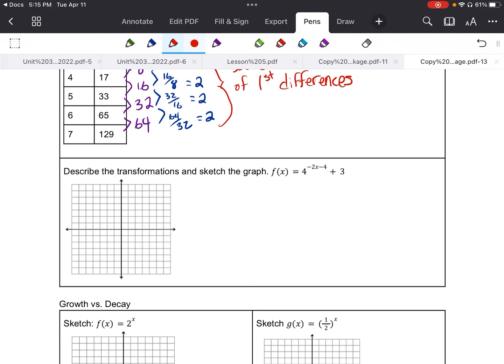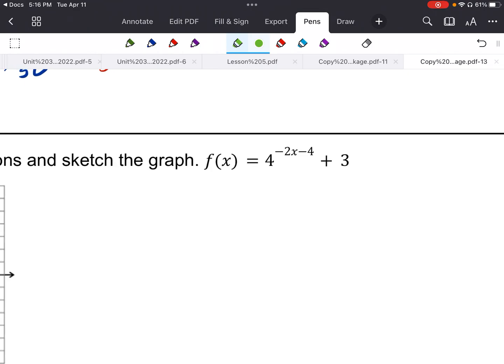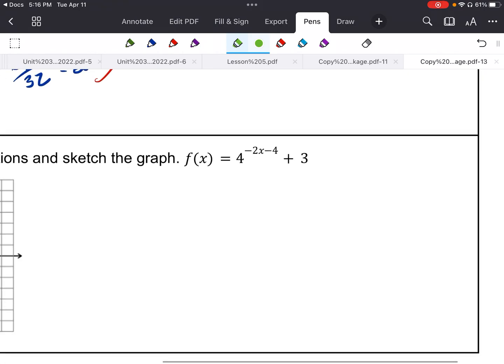Okay, we move on to describing the transformations and sketching the graph. Well, first things first, I'm just going to throw out the original parent function. Okay, now we're going to work with this. Actually, there's one thing we need to do first because the k value is right beside the x. So we need to actually change this.